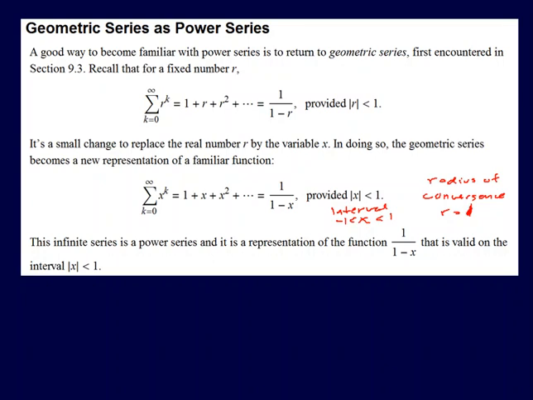Now that, to us, looks just like what we would call a function of x. And so we want to think of this now and kind of flip this equation around and say that, well, the function f of x equals 1 over 1 minus x, as long as we're in the interval of convergence, -1 to 1, can be represented by this power series that's written up there.